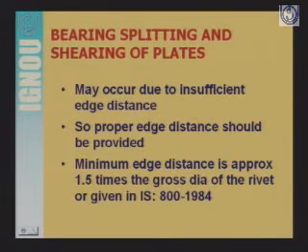Minimum edge distance is taken approximately as 1.5 times the gross diameter of the rivet; this is an approximate idea. Also IS code 800 gives these appropriate edge distances. So you have to refer to the code for the appropriate edge distance while designing the connection.